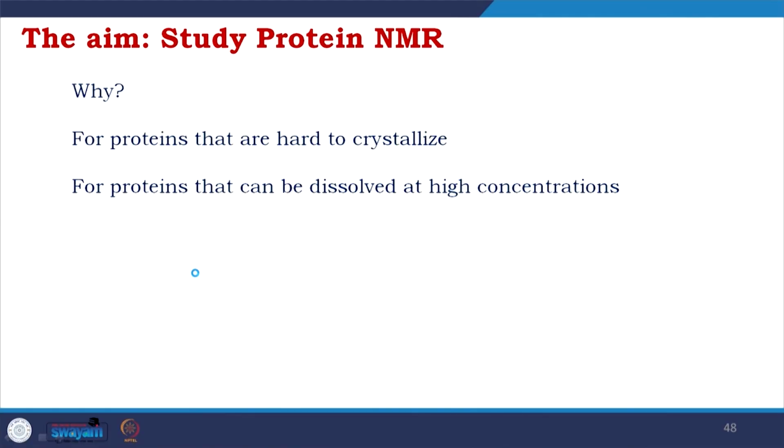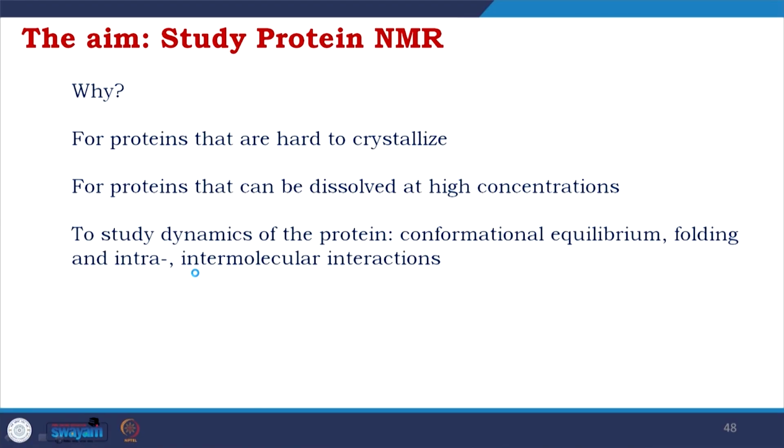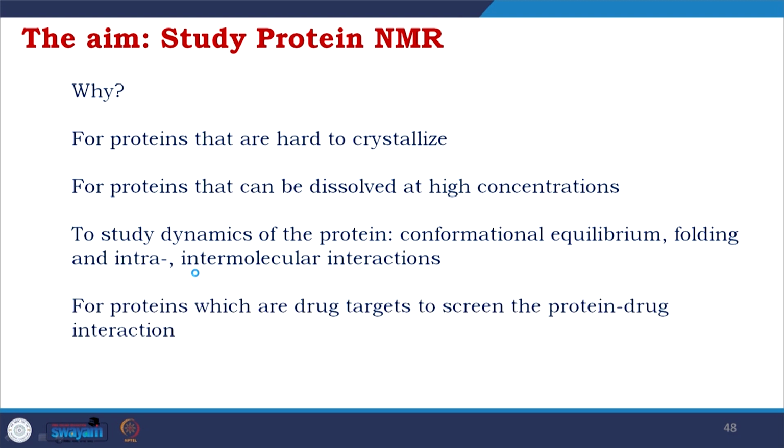We have found many other applications of NMR structure for proteins that can be dissolved at high concentration, to study dynamics of protein, conformational equilibrium, folding and intermolecular interactions, for proteins which are drug targets to screen protein drug interaction, for DNA drug interaction.